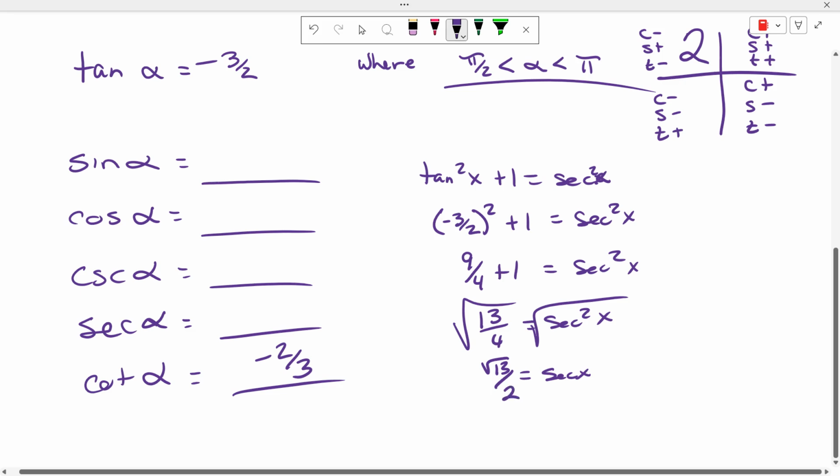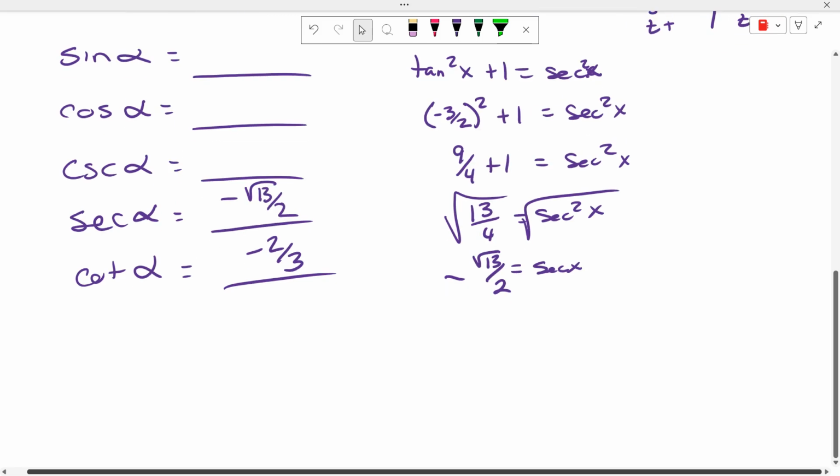Now we're in quadrant 2, and secant would be negative because cosine is negative. Okay? So both secant and cosine are negative. So secant is negative square root of 13 over 2. So what would that make cosine?